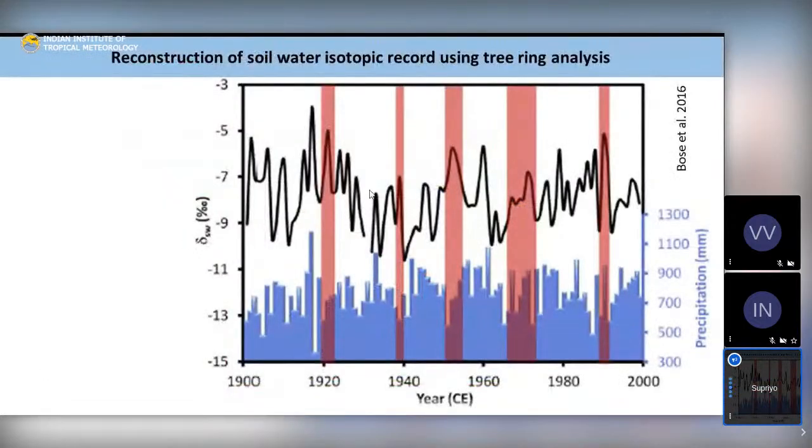Now, I would like to show another example of the use of isotopic composition of tree rings, which could be used to reconstruct the soil water isotopic composition in the past. It is known that the isotopic composition of tree ring cellulose reflects the isotopic composition of water.